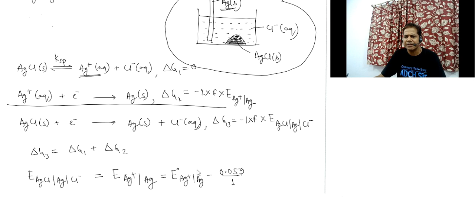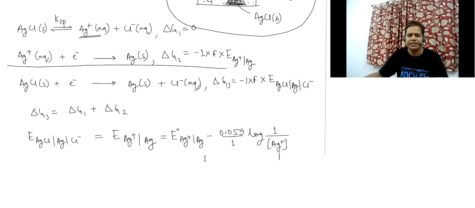We are assuming that temperature is 25 degrees Celsius, where 2.303 RT by F is equal to 0.059. Then log of 1 upon Ag+. This is how we calculate the electrode potential for the Ag+ Ag electrode using the Nernst equation at a given concentration of Ag+ ions.